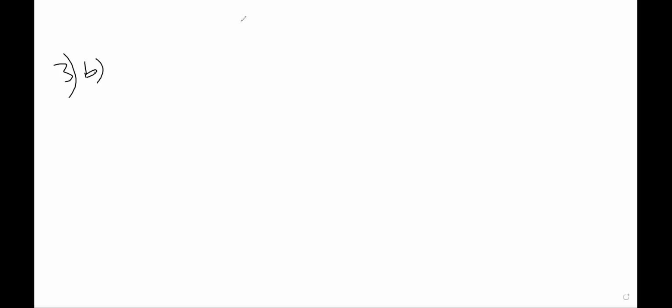So we can make a little side note. When the tangent is horizontal, dy over dx is equal to 0.